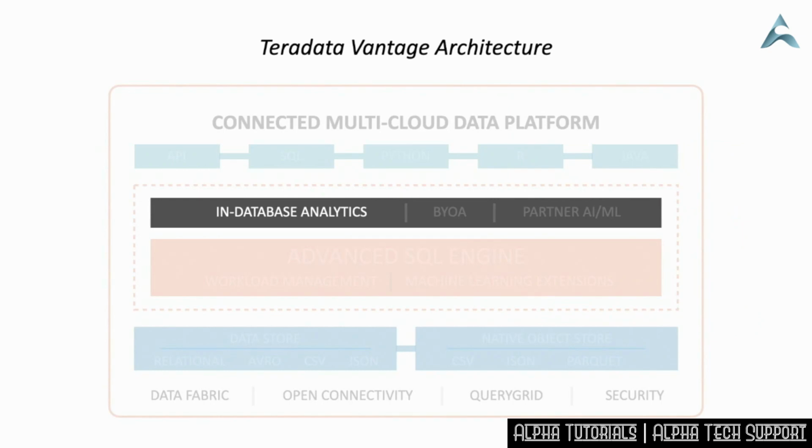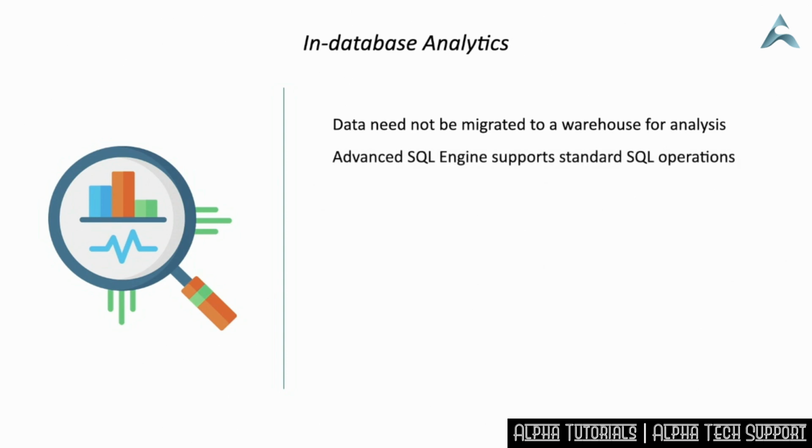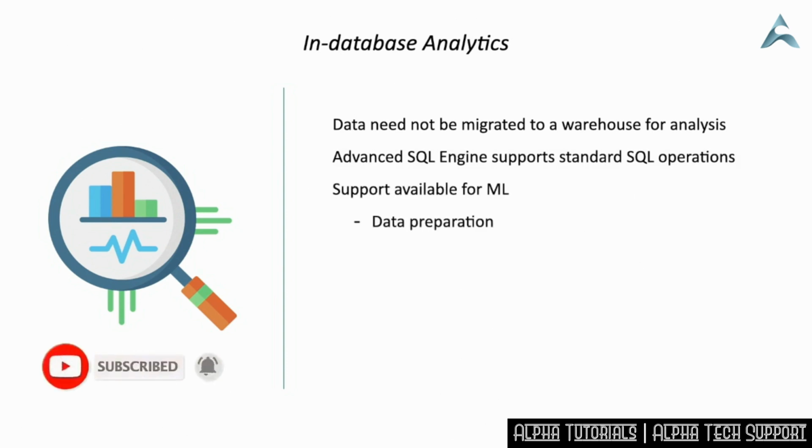Back to the architecture diagram then, where we will now turn our attention towards the in-database analytics feature. This is in fact related to the native object storage, since it allows us to query data that lies in an external platform. These queries are enabled by the advanced SQL engine, which, as discussed before, supports standard SQL operations, but also offers support for various ML-related tasks, including data preparation and model scoring.